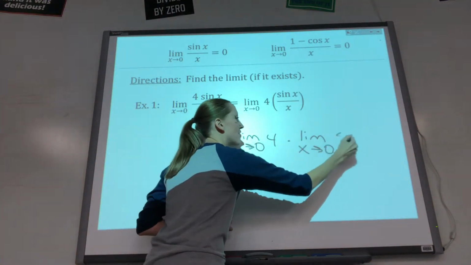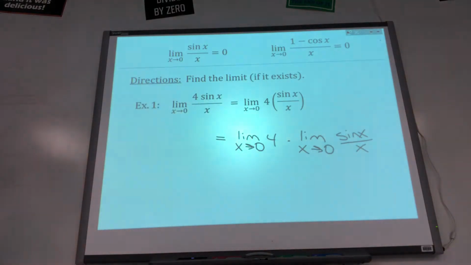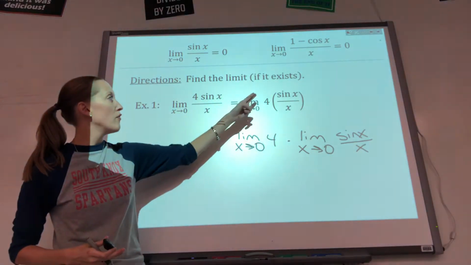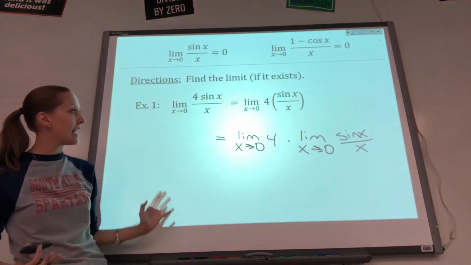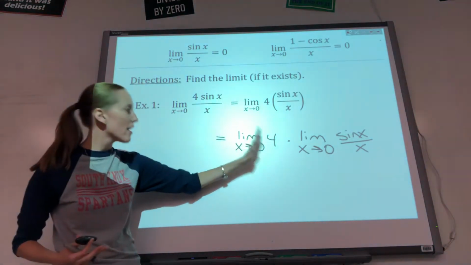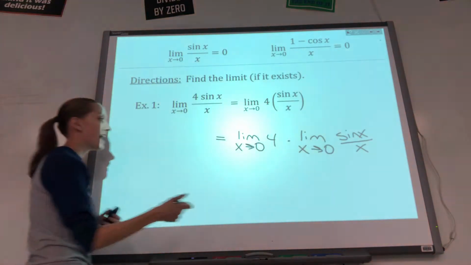If you want to write this down, you can, but once you get going with these, this is just something that you do in your head. The limit of 4 times sine of x over x is the same as taking the limit of 4 times the limit of sine of x over x.